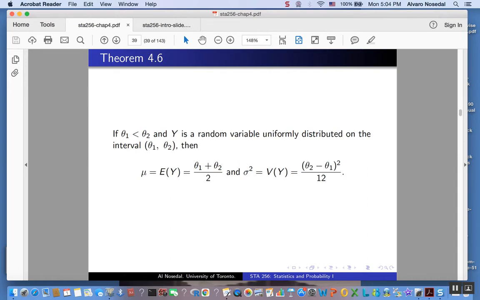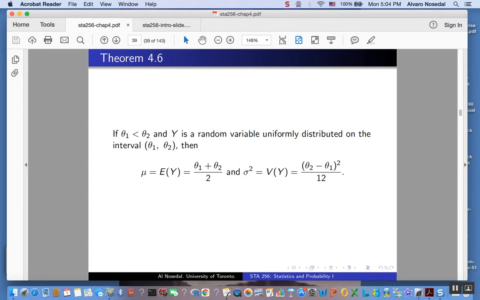That gives you an idea of where the center of the distribution is. And also, the variance is a measure of spread, of variability, with respect to that center, with respect to the mean of the random variable.